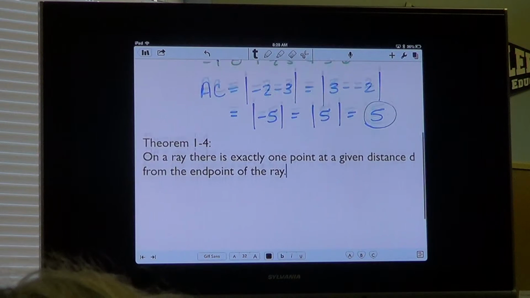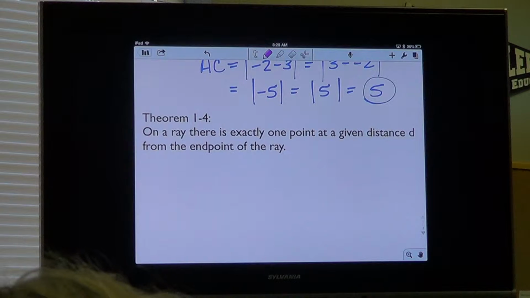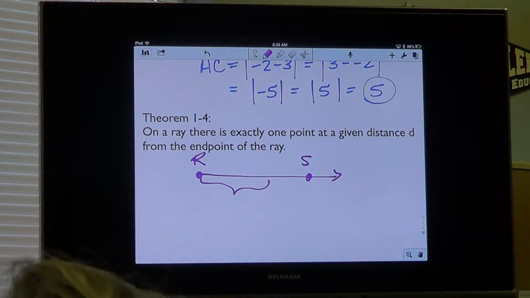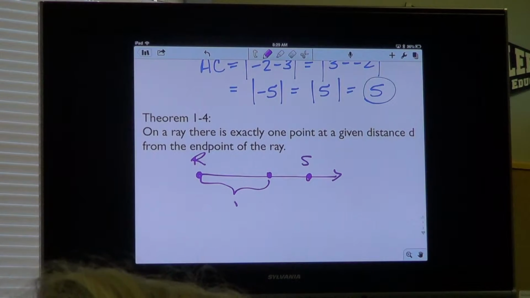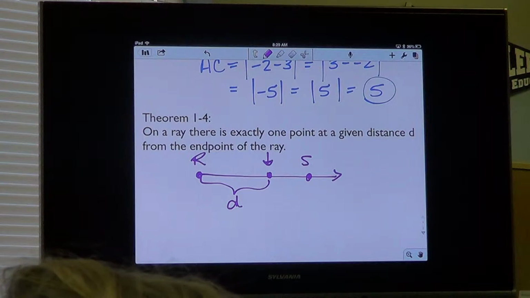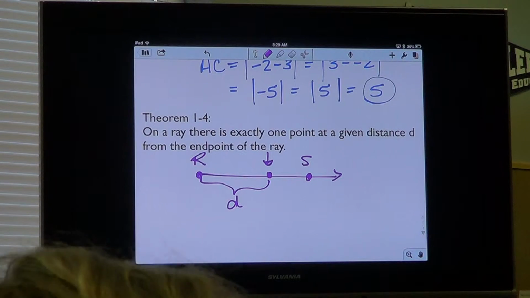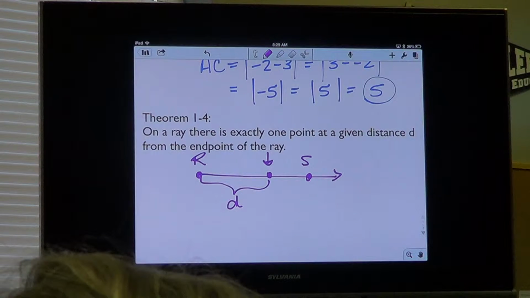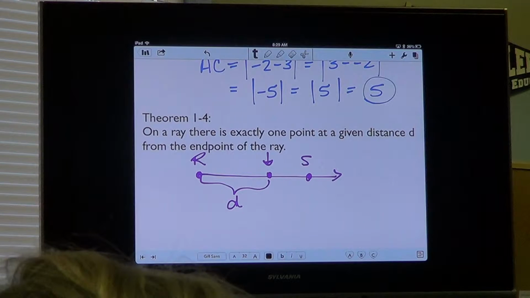So if you have a ray RS, and you're given d, there's only one point on the ray that would be that distance from the endpoint. Okay? Make sense? Yes? Okay.